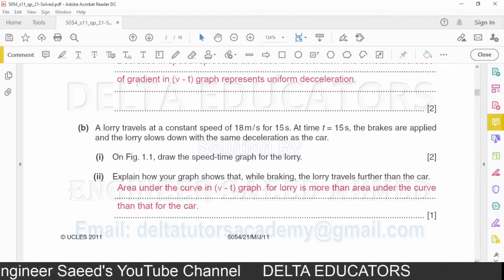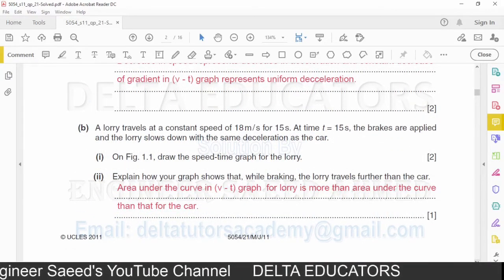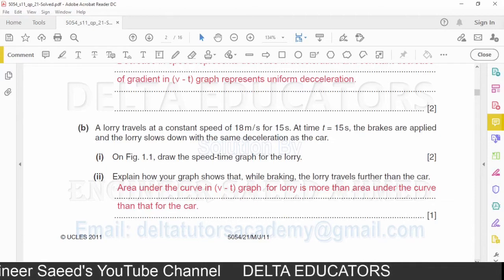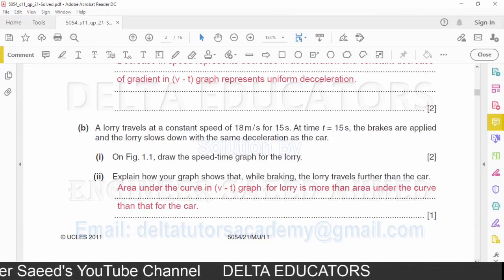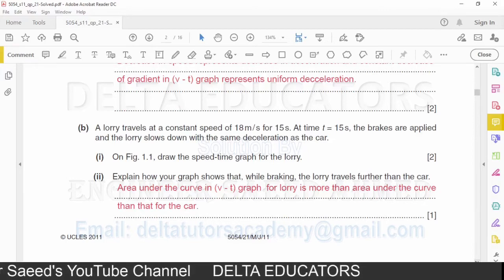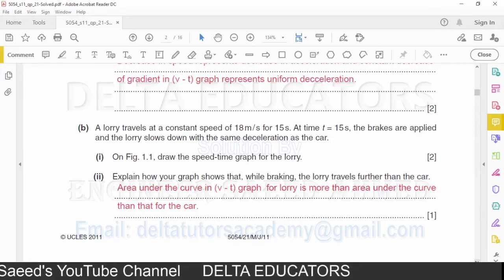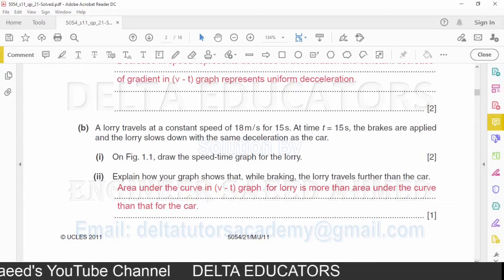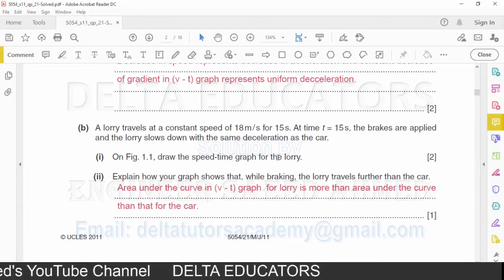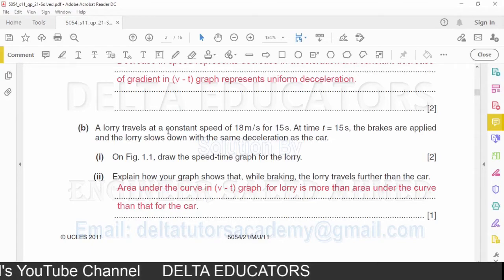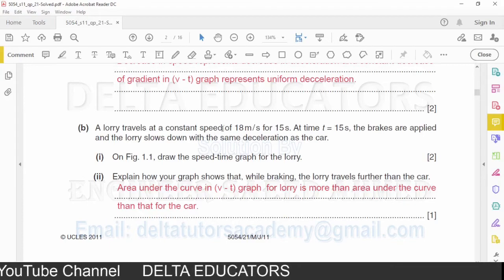Part B. A lorry travels at a constant speed of 18 meters per second for 15 seconds. At time t is equal to 15 seconds, the brakes are applied and the lorry slows down with the same deceleration as the car. On figure 1.1, draw the speed time graph for the lorry. Here the lorry is moving at a constant speed of 18 meters per second for 15 seconds.